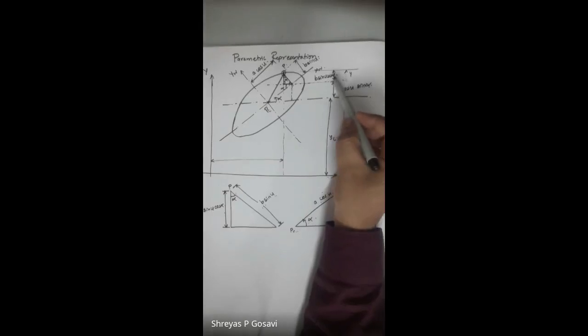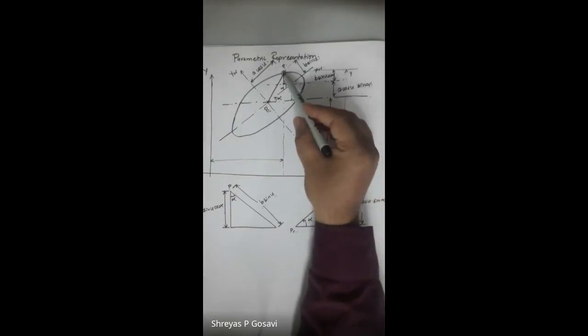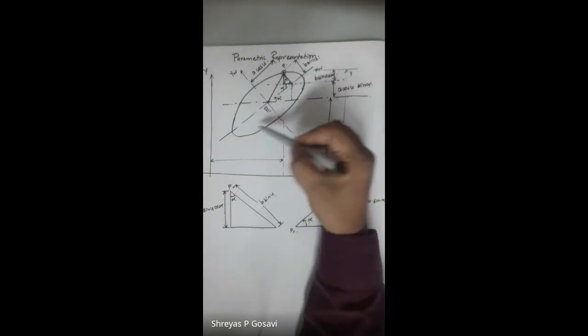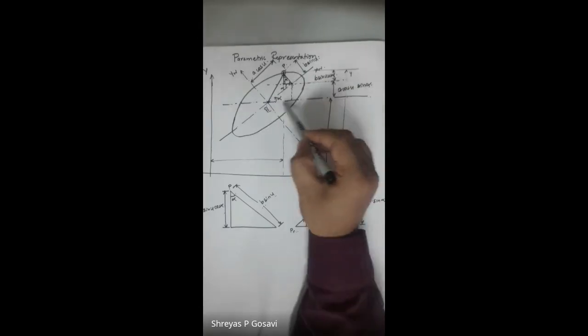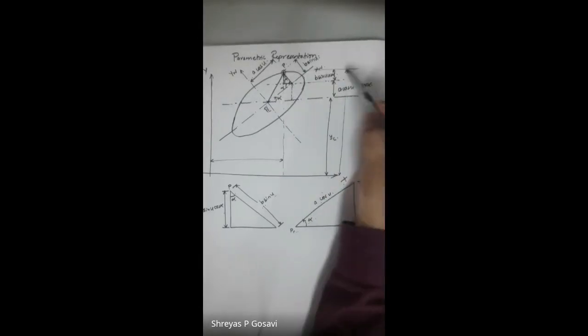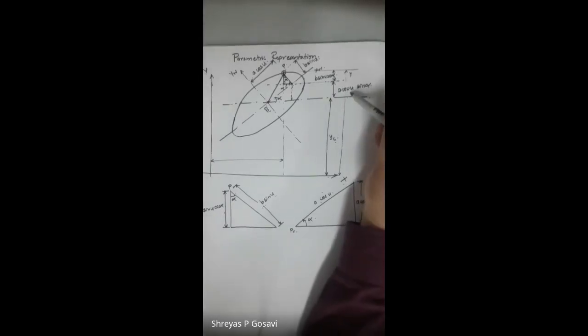So I now have the y coordinate of this point, which lies on the curve which is inclined to the x-axis. The total distance of the y coordinate will be yc plus a cos u into sine alpha plus b sine u into cos of alpha.